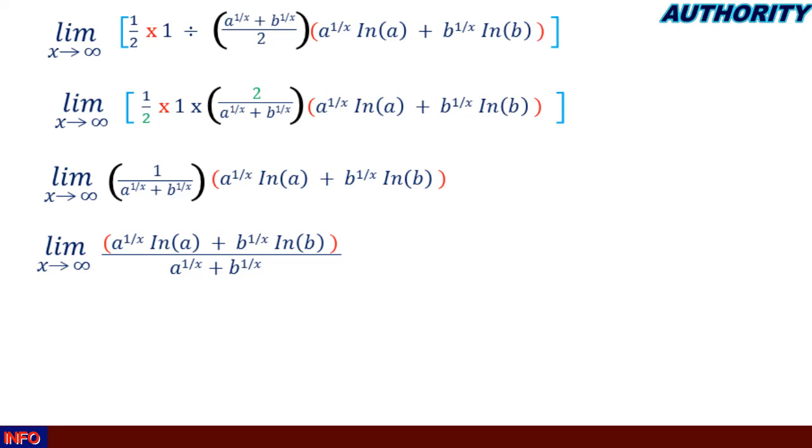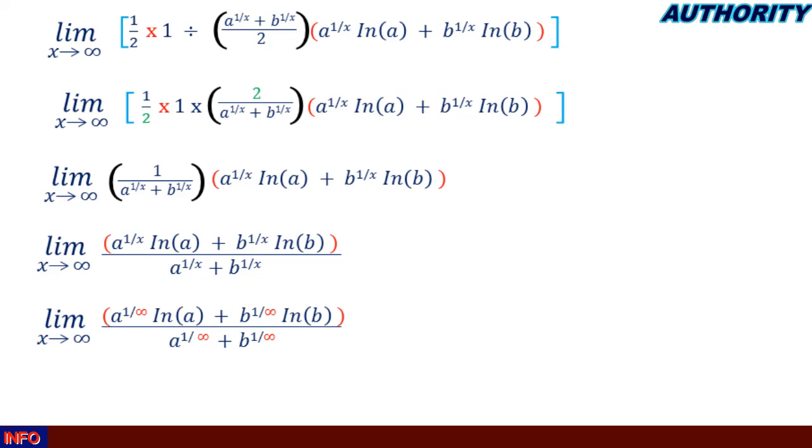Here we have a^(1/x); in place of x, we write infinity. Then we have ln a + b^(1/x), 1 over infinity, ln b, all over a^(1/infinity) + b^(1/infinity).